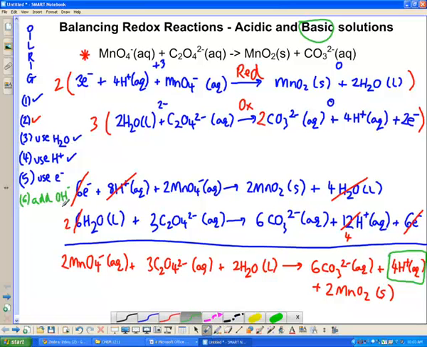We add OH minus ions. Now, what do you think happens when you add H plus and OH minus? Well, of course, you get water. All right, so you're adding OH minus on both sides.